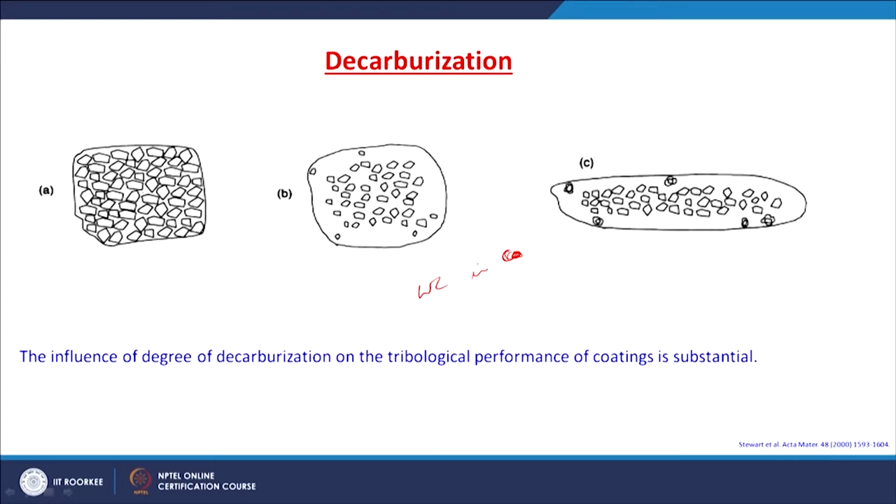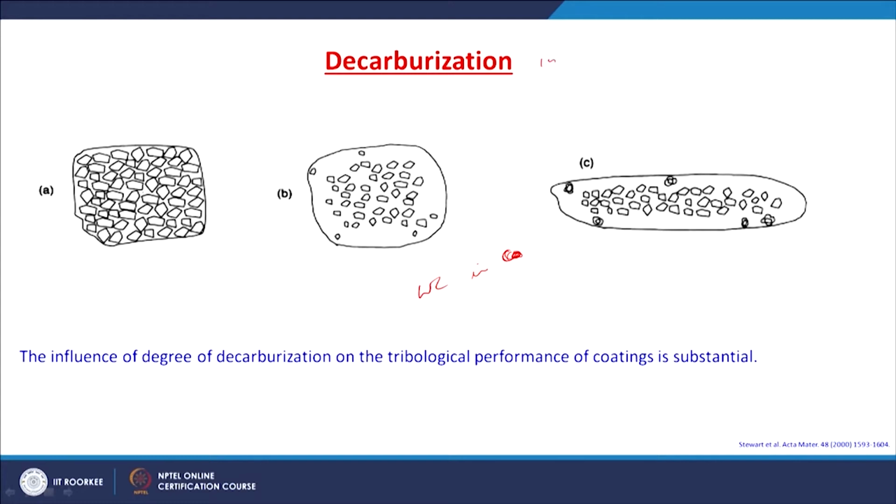The influence of the degree of decarburization on the tribological performance is substantial. We will see in separate case studies the decarburization influence on the tribological performance of tungsten carbide cobalt coatings. This is generally reported as a major issue in tungsten carbide cobalt.